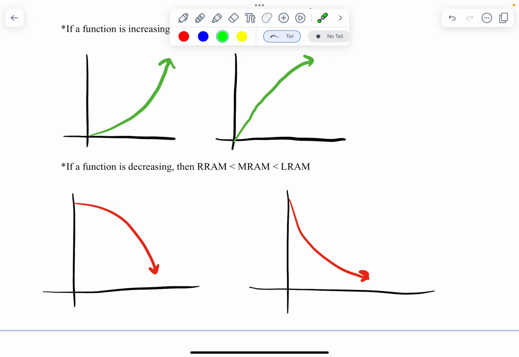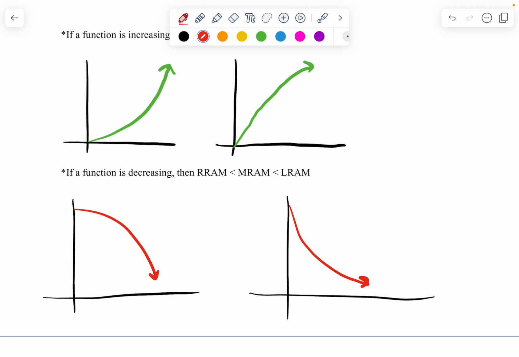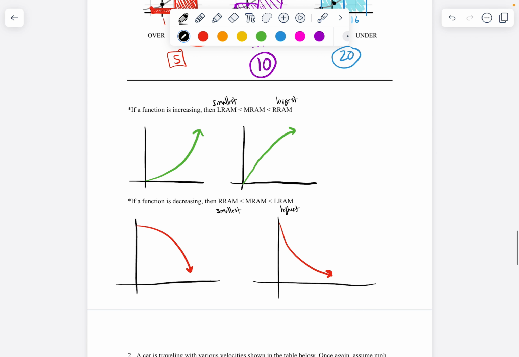That's the highest now. Versus an RRAM is going to be like this now with the right corner touching. You guys see what I mean? So now that's going to be an under approximation because the right side rectangles now are underneath it, and that's small. That's really low. Versus LRAM is above. So now if it's decreasing, RRAM is the smallest and LRAM is the highest. So it's kind of fun. So it depends on the situation, but that's pretty much what I got.